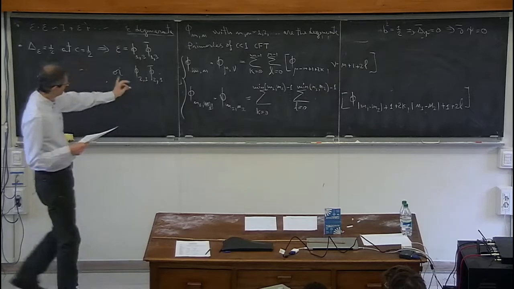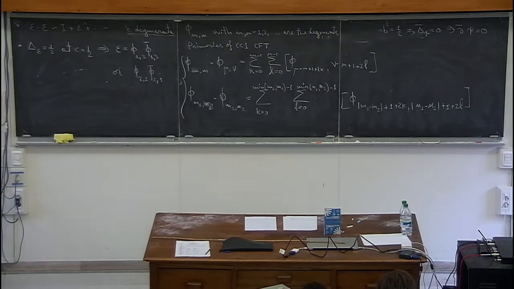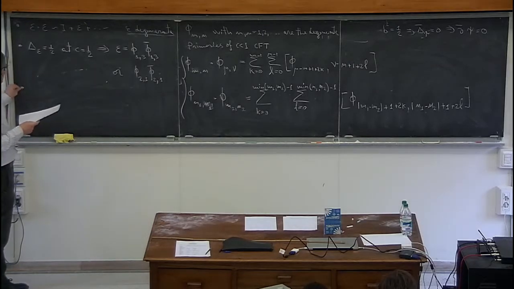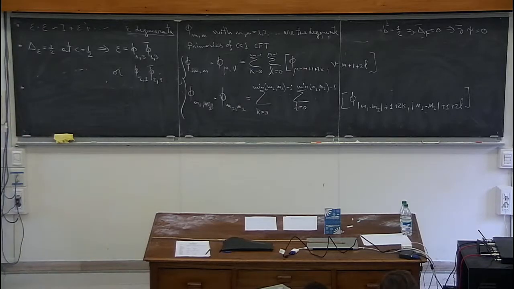It's always a scalar field, so it has the same z and z bar parts. We have two possibilities for epsilon.